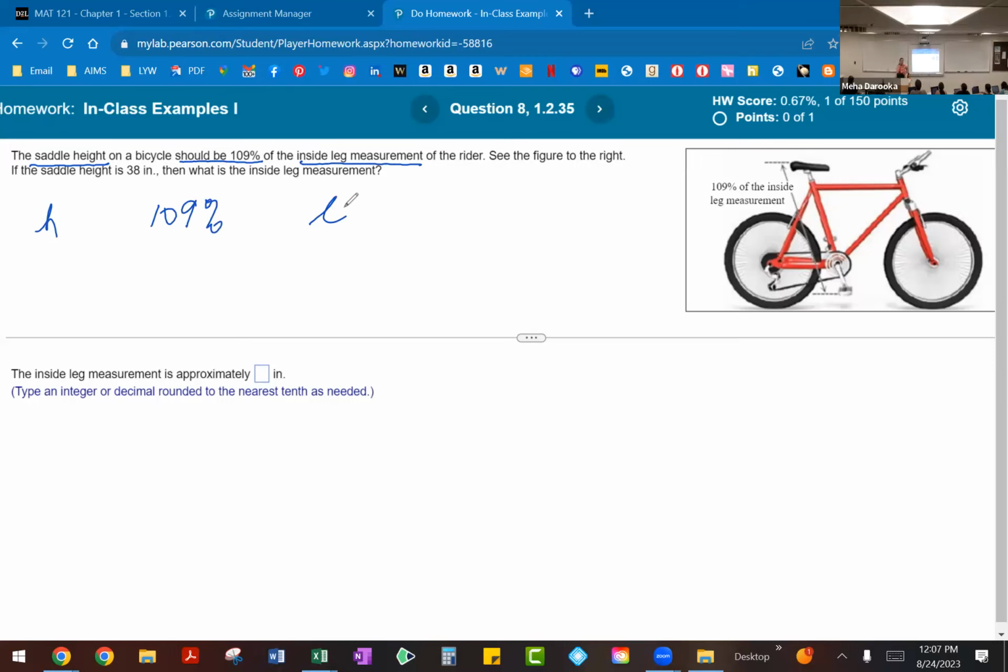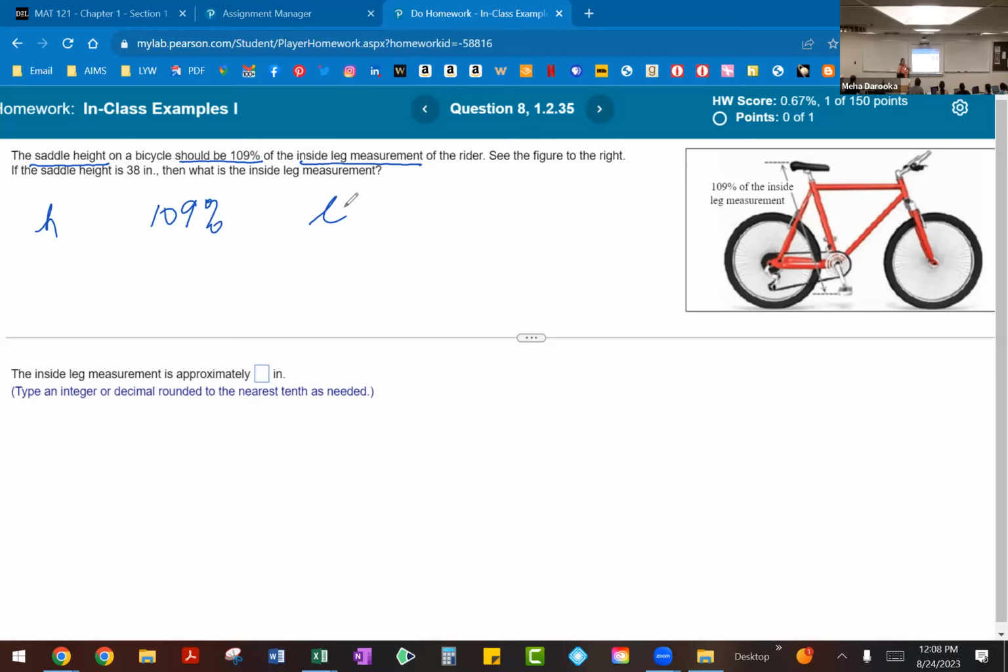Do you guys remember some of the basic rules about setting up an equation? Like "should be" or "is" is supposed to be the equal sign, and "of" is supposed to be multiplication. Use that in here. Tell me what symbol would you put between the H, the 109%, and the L.